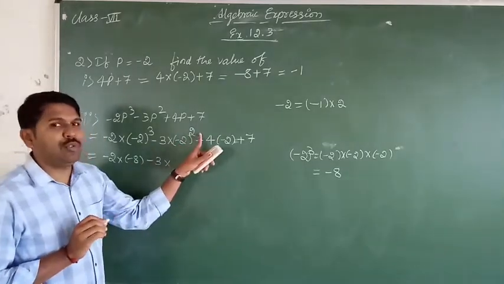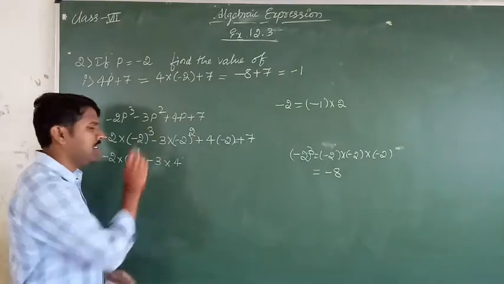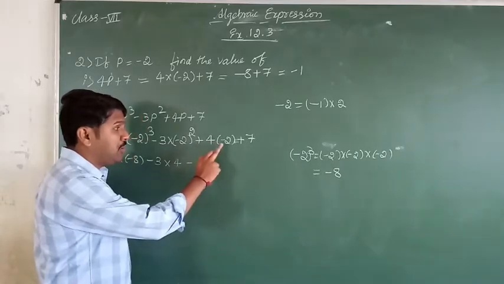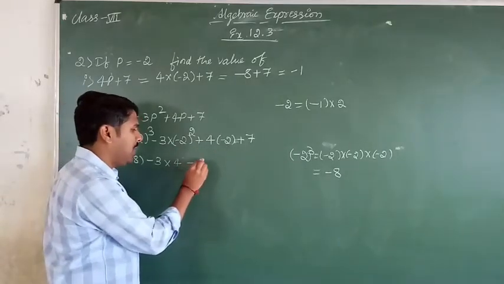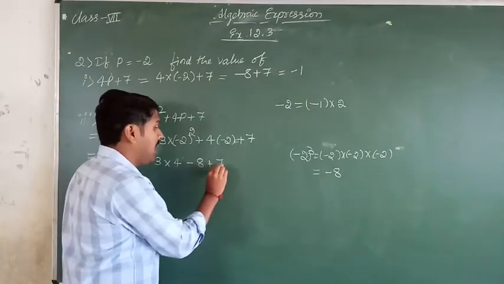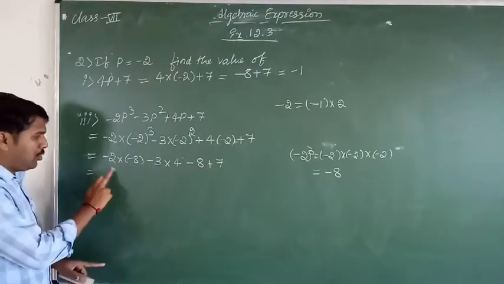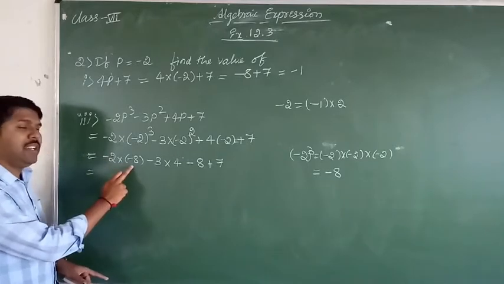2 square means 2 2s are 4. So the answer is 4. Next, 4 2s are 8, plus into minus is minus. So minus 8 plus 7. Okay, so now multiply this one. 2 8s are 16, minus into minus is plus.